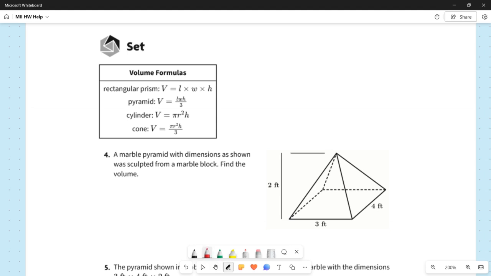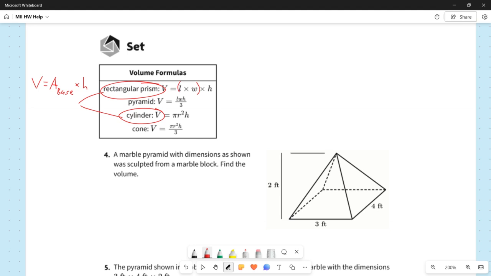Quick side note, notice that for both the prism and the cylinder, these can be generalized as the area of the base times the height. Right? So for any prism or cylinder, your formula is the area of the base times the height. With a rectangle, that's length times width times the height.